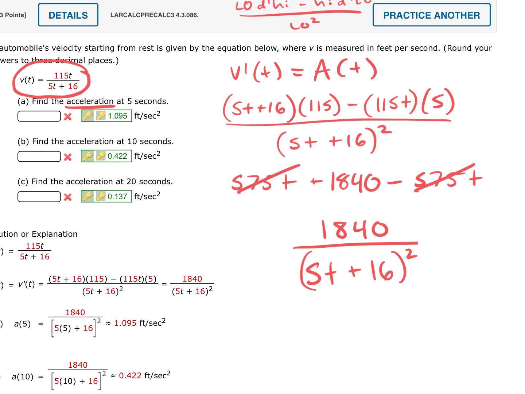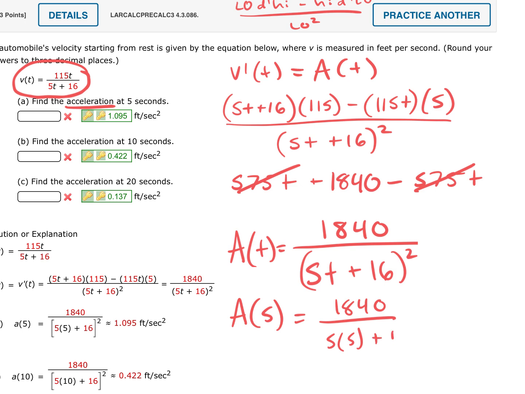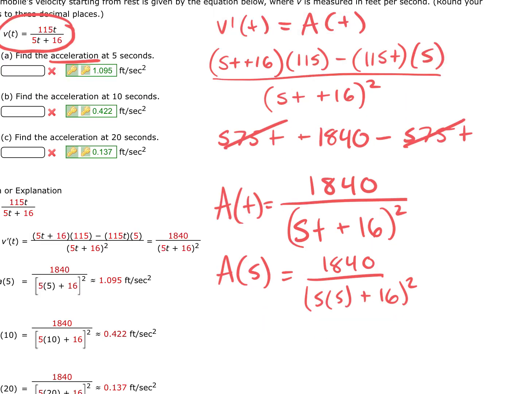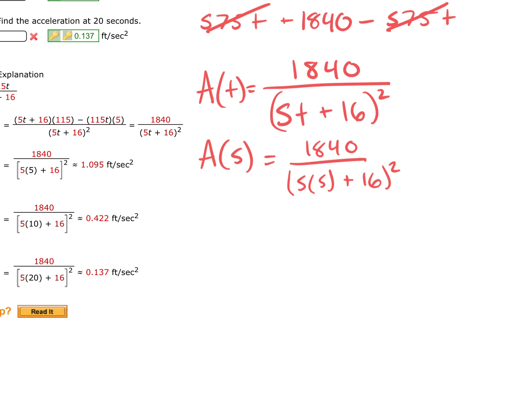So now to find the acceleration at 5 seconds, we're going to plug in 5. So 1840 over 5 times 5 plus 16 squared. From here, I'm just going to plug it into my calculator. 25 plus 16 would be 41.